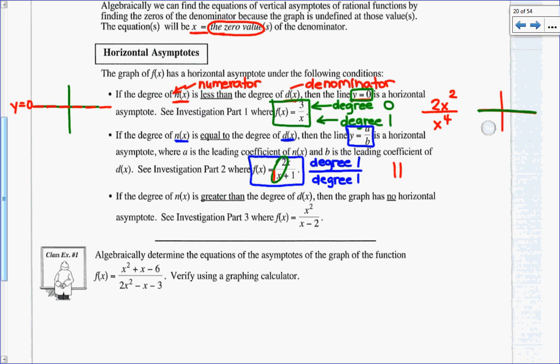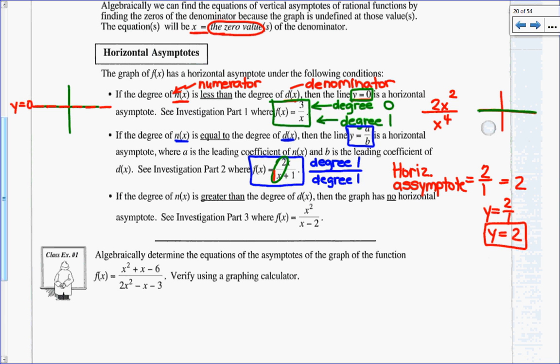So your horizontal asymptote would be 2 over 1, which actually is just 2. So the equation of the horizontal asymptote then would be y equals 2 over 1, which is just y equals 2.